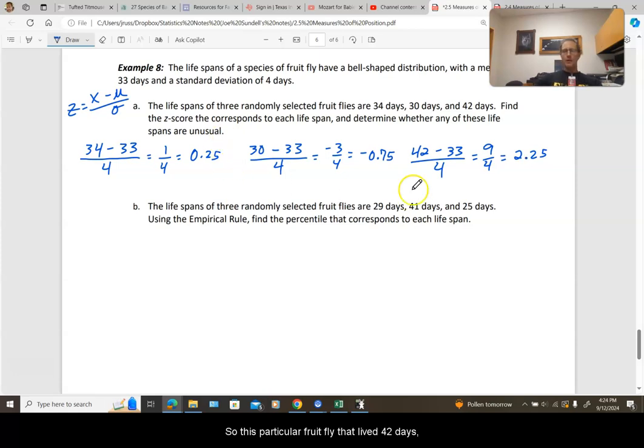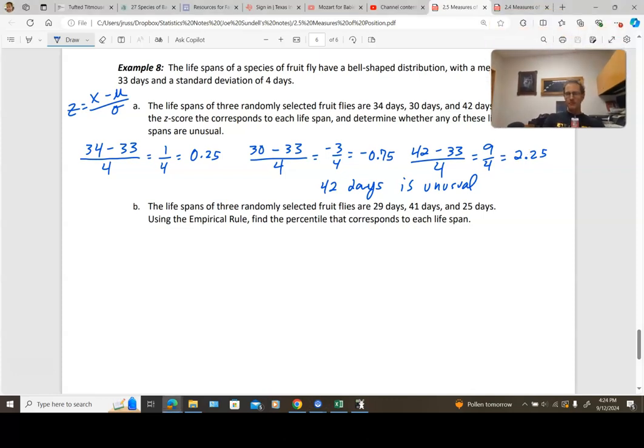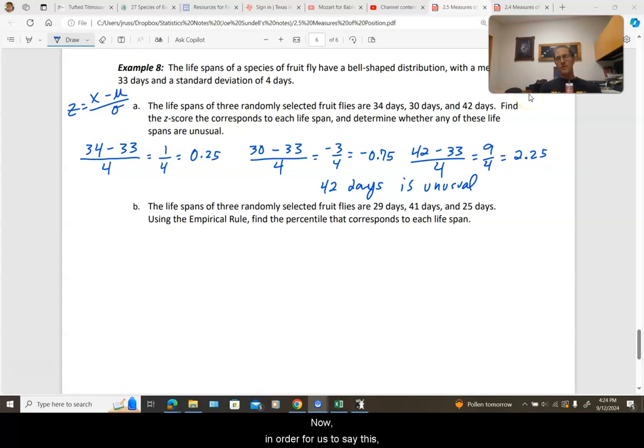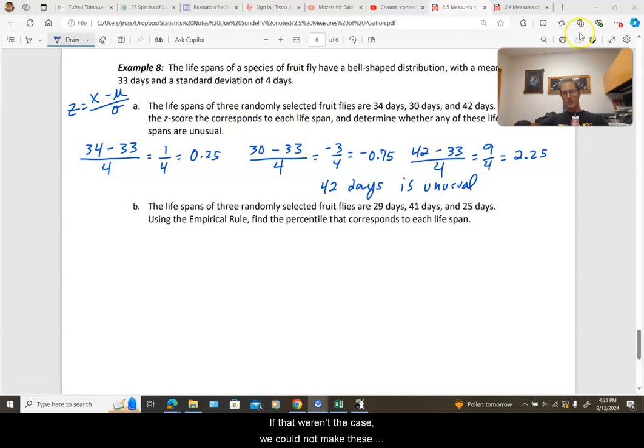So this particular fruit fly that lived 42 days, because that fruit fly lived beyond 2 standard deviations, we're going to say this is unusual for a fruit fly. Now, in order for us to say this, we are assuming that the distribution of lifespans for fruit flies is bell-shaped. If that weren't the case, we could not make these assumptions, or assertions rather.